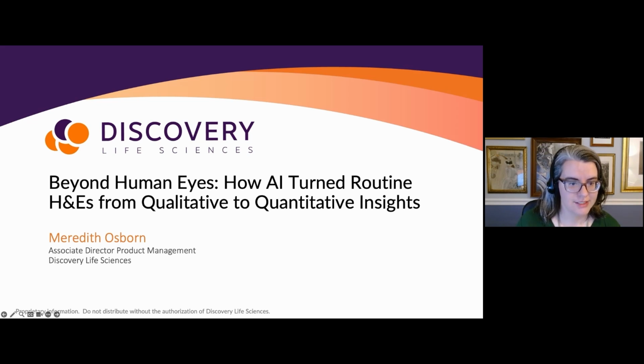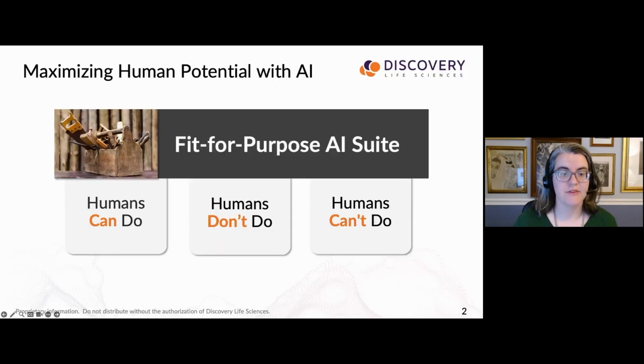Throughout my talk, there are going to be a few bigger themes that are applicable to whatever type of AI is relevant to your work or that you're looking at implementing. The first big umbrella theme is fit for purpose AI suite.